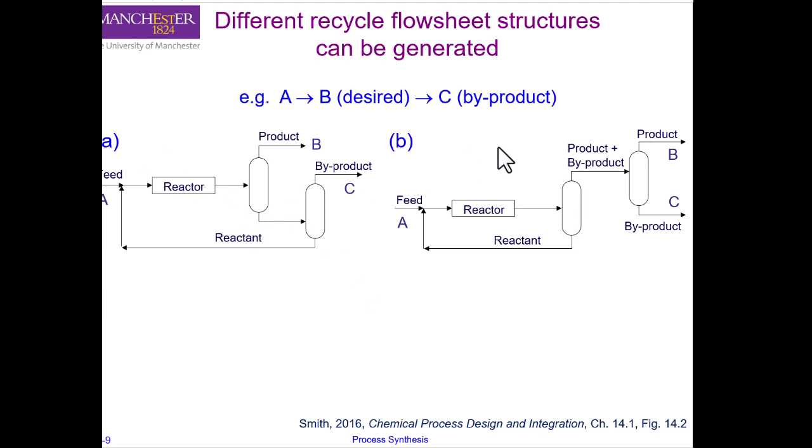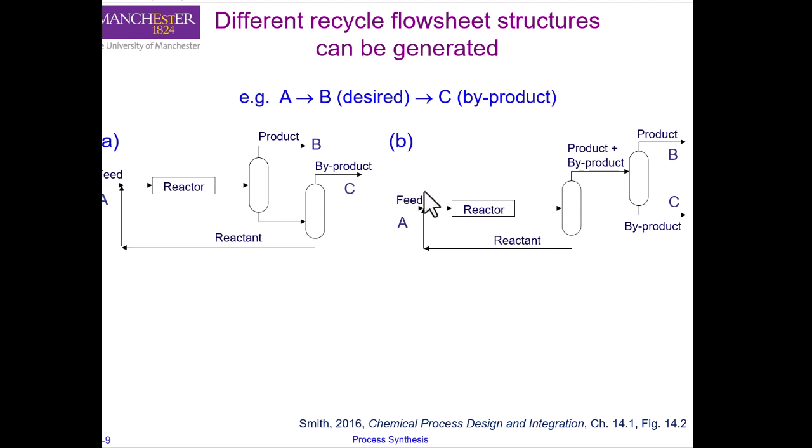And here we have figure A and figure B for this given reaction, that is A goes to B, B is our desired product, and then some part of this B can form a co-product, that is C. So if you look at this option here first, here you have the feed and a recycled reactant, and then we feed that into our reactor, and then from the reactor, in the first separation we have the separation of product B and then the co-product, and the remaining unreacted A goes to the second separator, where we have the separation of C, and the unreacted A is recycled back to the feed.